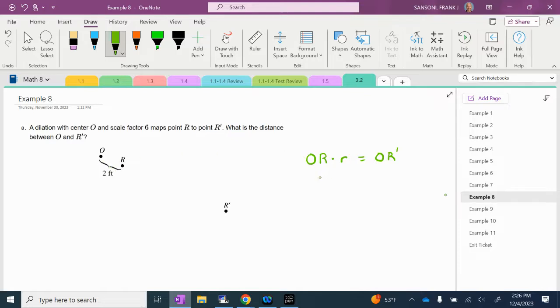It's 2 feet, right? Do we know what scale factor they want us to use? Look in the question. Scale factor of 6. So if we know the scale factor is 6, and the original length was 2, then what's the length of the prime? 12. That's how easy it is.